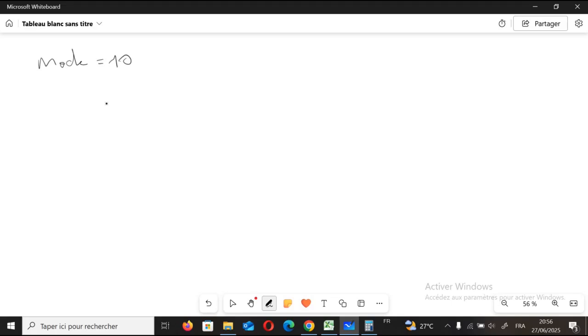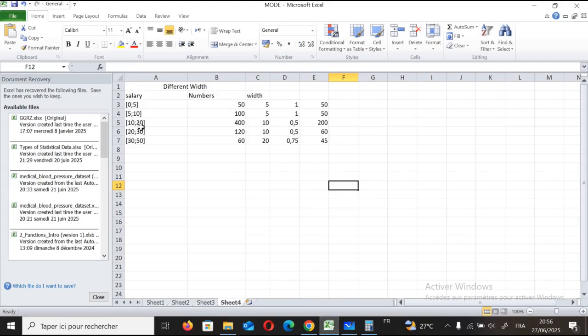It's 10 plus the frequency of the modal class minus the frequency before the modal class, divided by the frequency of the modal class minus the frequency before the modal class plus the frequency of the modal class minus the frequency after the modal class.